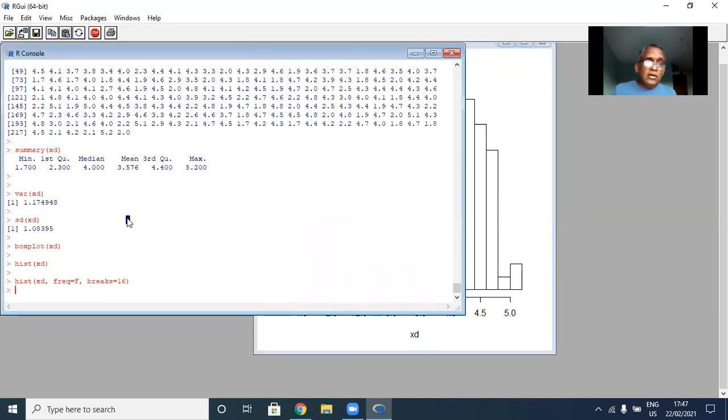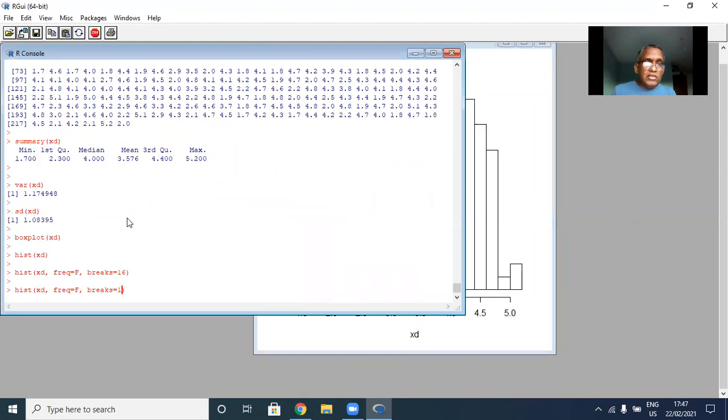Okay. Now you can change the breaks as you wish. Say you want, say, from 1.5 to 5.5 in steps of say 0.25.